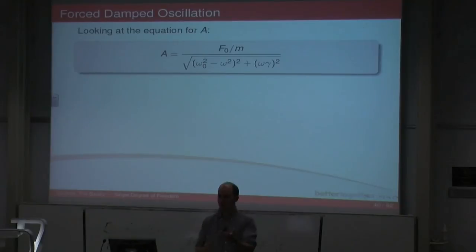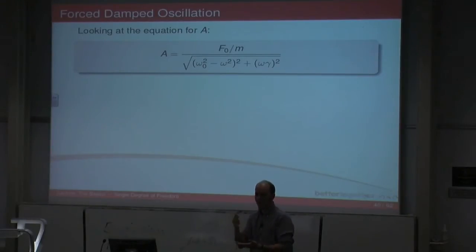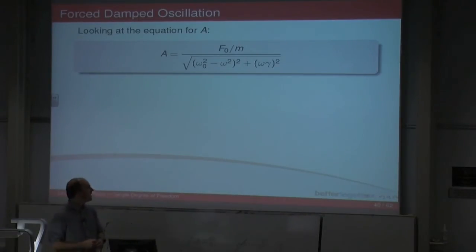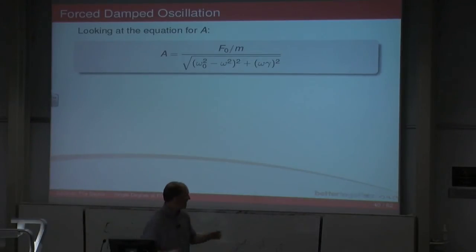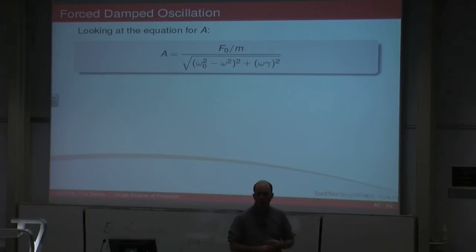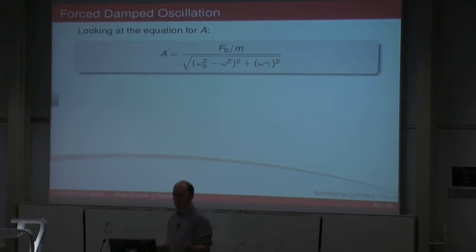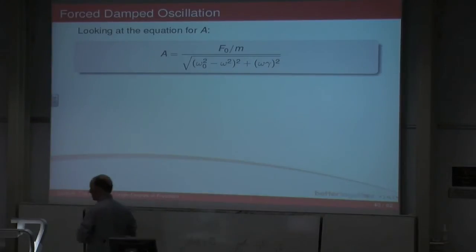Well, it's basically just going to bring the spring system into equilibrium. The motion is so slow that damping has no effect, and all the force is doing is equalising with the spring force. So you end up with the F equals kx type equation, where x in this case is the amplitude, and so the amplitude is just going to be F naught upon k. If I write that on the board, I'll just do it in this corner.